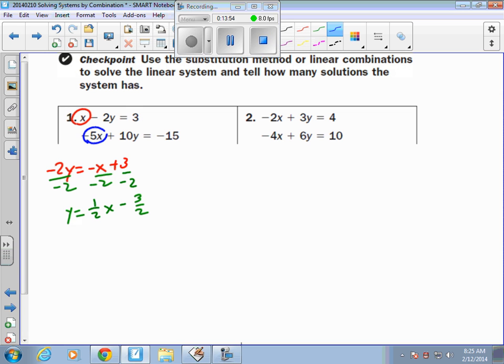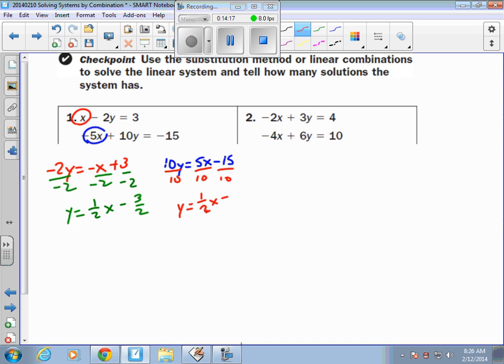Do the same with the second equation. Move negative 5x over. It becomes 10y equals positive 5x. They still have negative 15 on the right. Divide by 10 on all the terms. And y equals 5 over 10, which simplifies to 1 over 2x. And then you have negative, since a negative divided by a positive is a negative, 15 over 10. 5 goes into both.